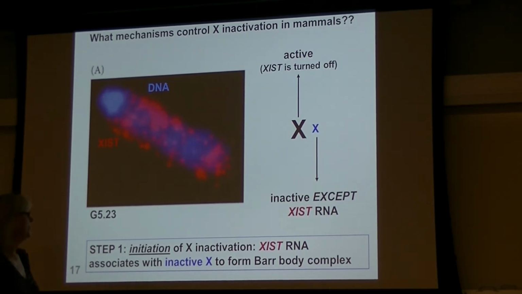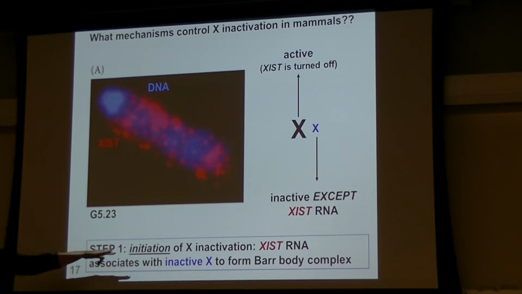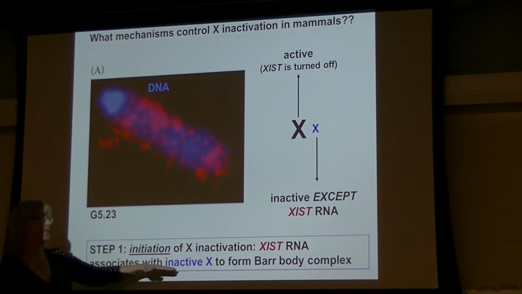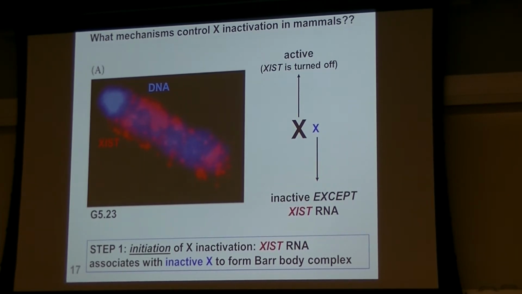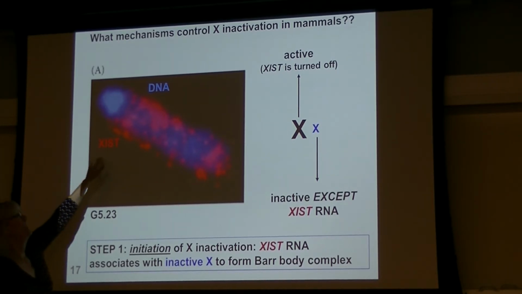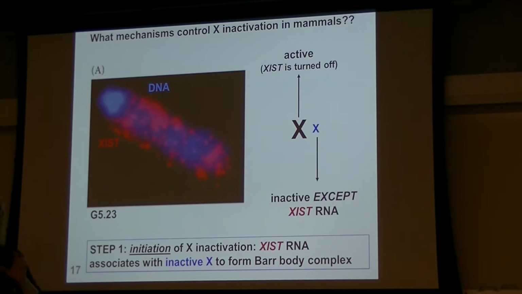mRNAs. And what happens here is that this exist RNA then seems to go to the inactive X chromosome that forms the bar body, and it kind of coats that chromosome, or it associates with the chromosome physically all along its length. So here's a picture of a chromosome that's the inactive X. Blue is showing you where the DNA is, and then there's a probe here in red for the exist RNA, and you can see how it's kind of coated or associated with the entire length of that inactive X chromosome.